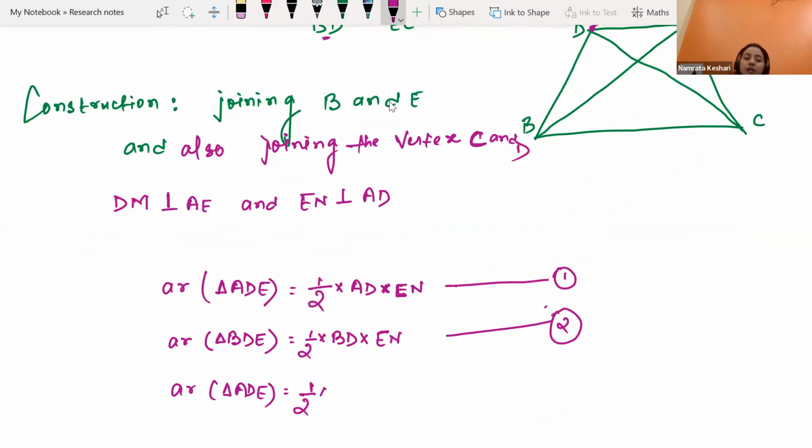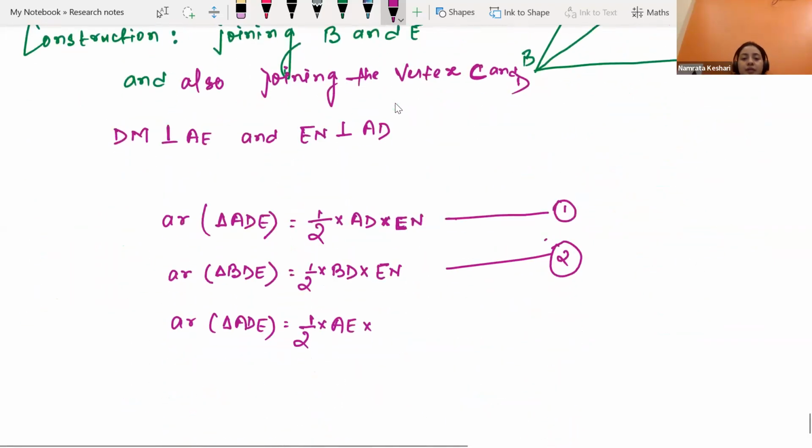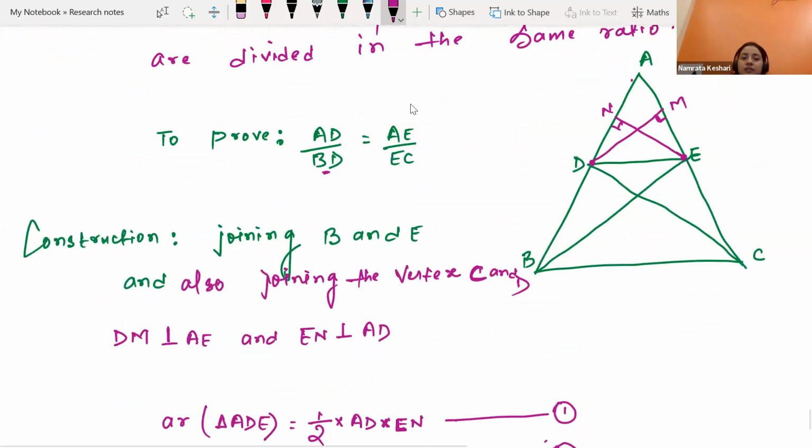So we are going to take the base as AE and the height as DM. This is the area, equation number 3. And the area of such a triangle where EC must be there, which is there in our proof. So EC, which triangle? Tell me, please, anyone.